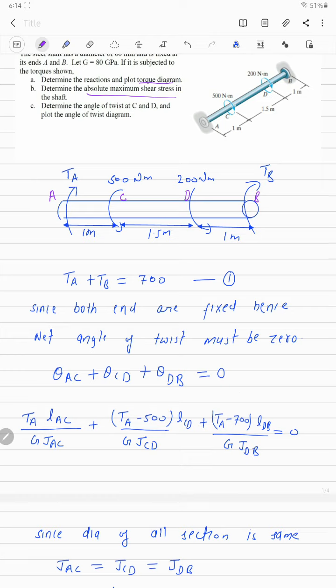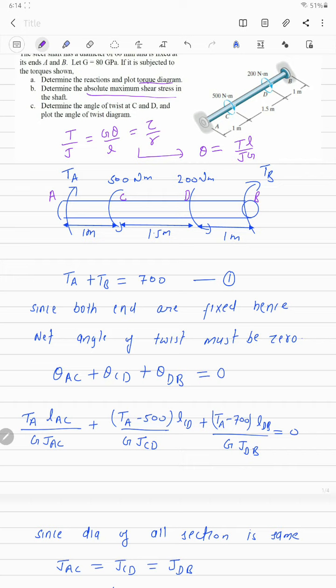And from torsion theory we know T by J equals G theta by L equals tau by R. From here we can find theta as TL by GJ. So for each section we can find theta. For the AC section, what will be theta?